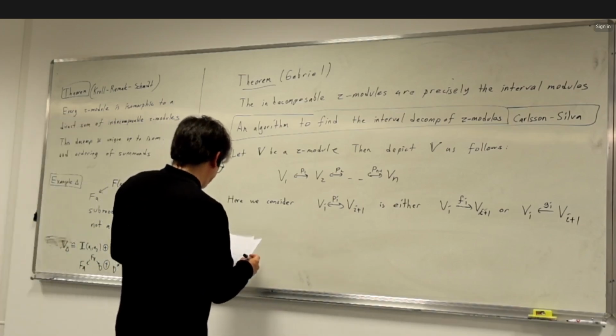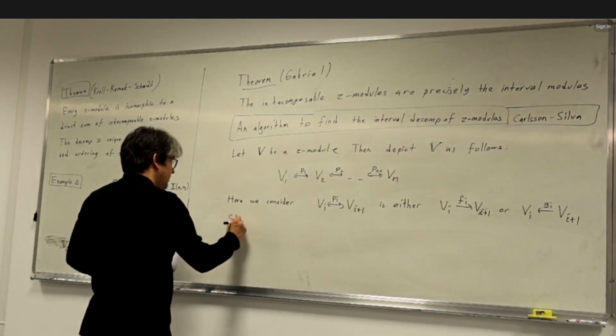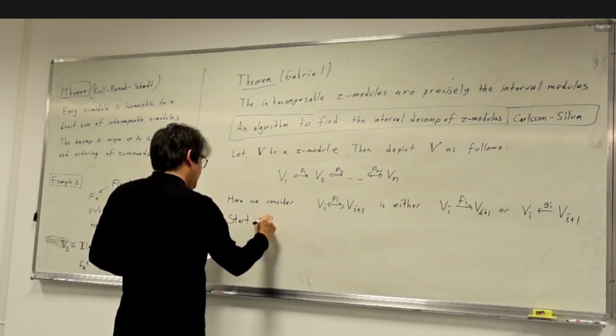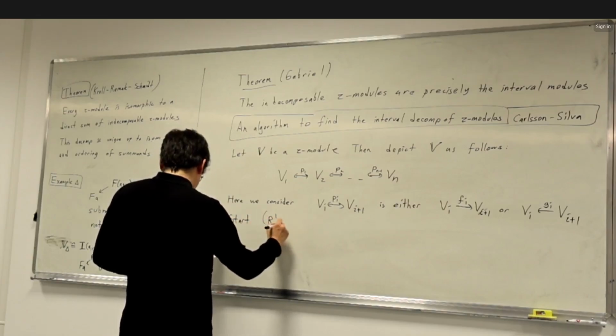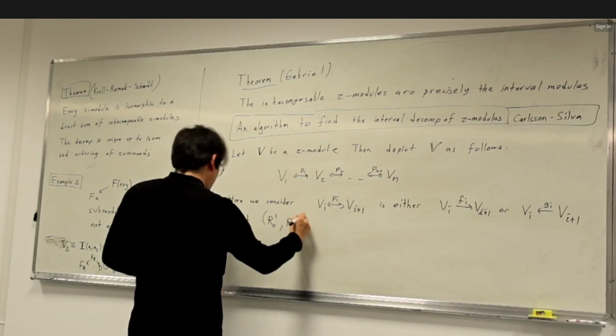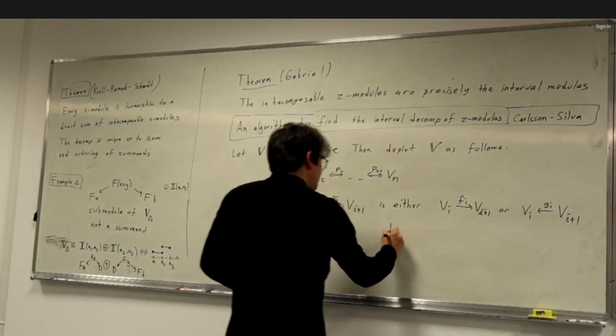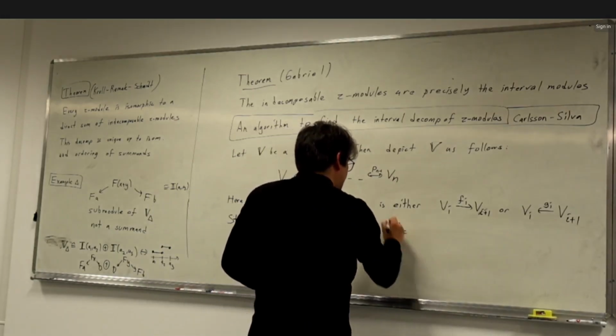Now, start with the following. Start with R_0^1, R_1^1 to be 0 V_1, and B_1^1 to be just 1.